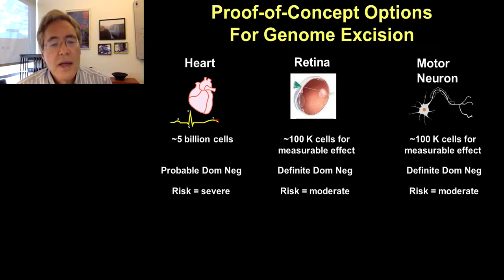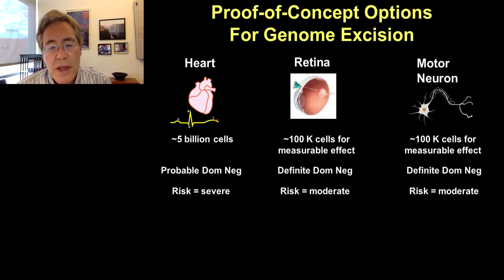In contrast, with the retina and the motor neuron, you can probably edit 100,000 cells and see a measurable effect. I mean, you probably want to edit a lot more cells to cure a disease, but to have a measurable effect, because you can measure effects in these cells, is very important.